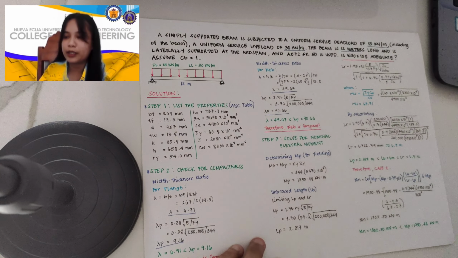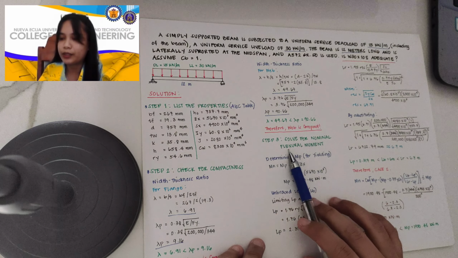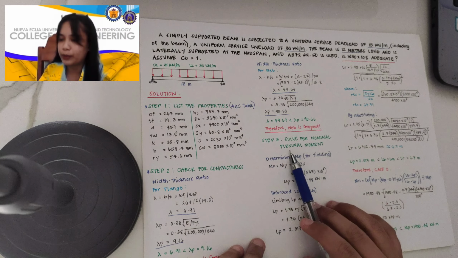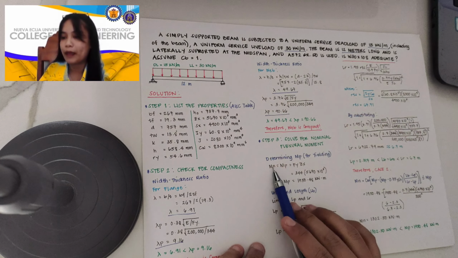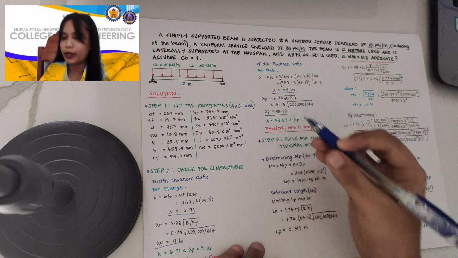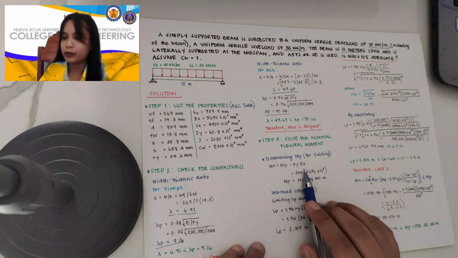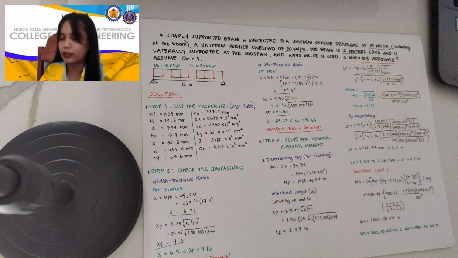After we determine that the elements are compact, the third step is to solve for the nominal flexural moment. So for the plastic moment, Mp is equal to Fy multiplied by Zx, based on our Section 506.2.1 Yielding.